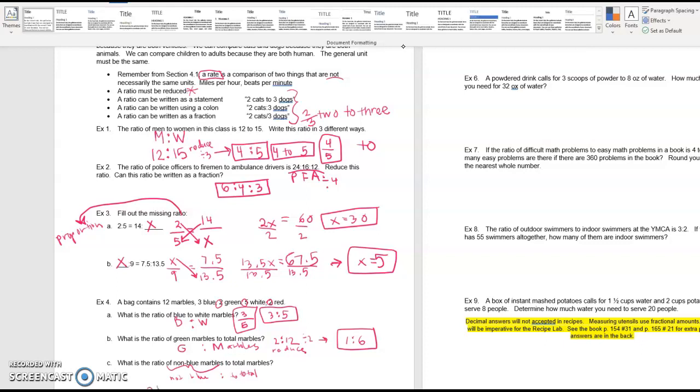I'm going to write that down. That means we have a total of 9 that are not blue. And then we had a total of 12 marbles. So our answer is going to be 9 to 12, which can be reduced. Divide each term by 3, and your answer will be 3 to 4. Or if you prefer fraction form, you can always write it like this.